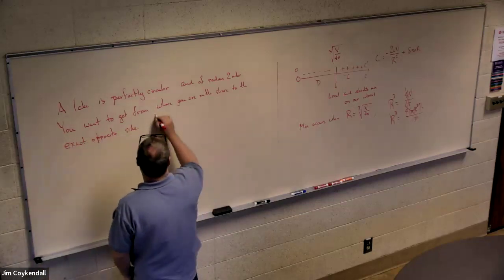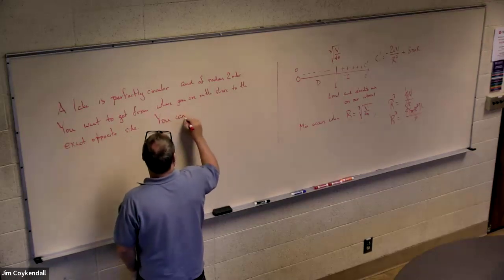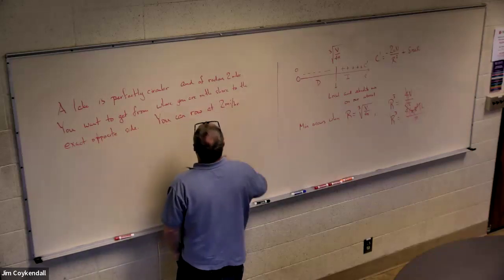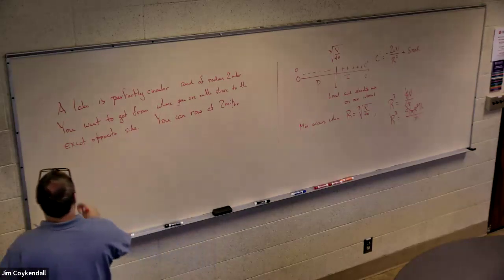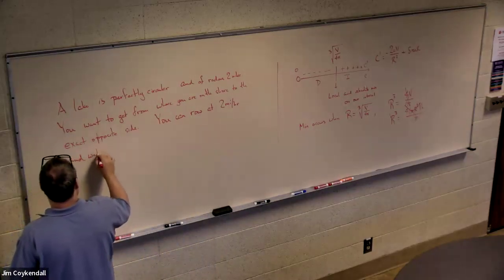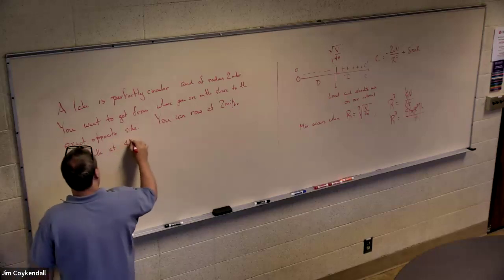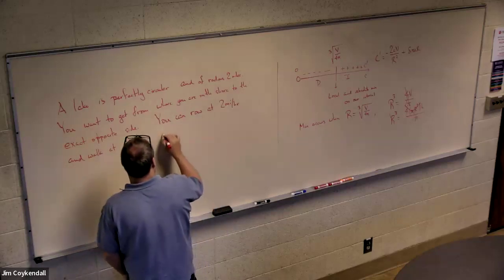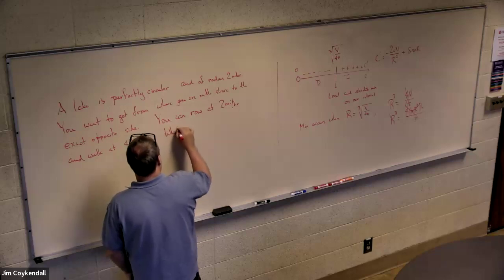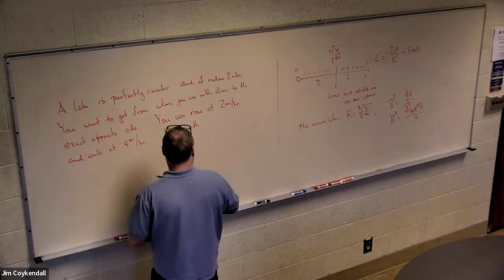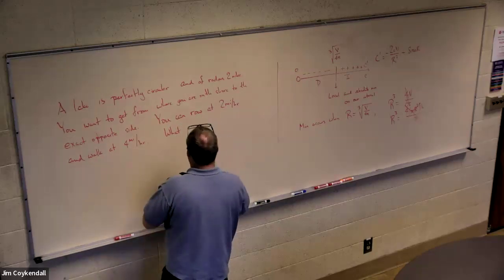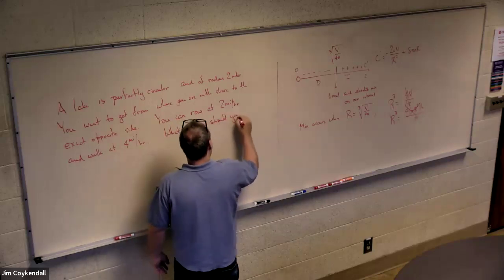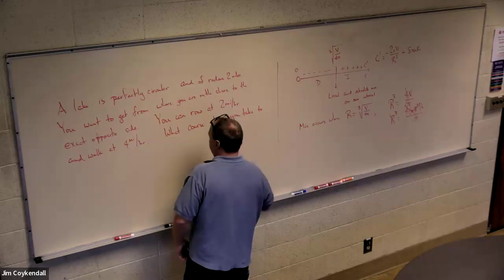You can row at 2 miles per hour, and walk at 4 miles per hour. What course should you take? Minimize your time.